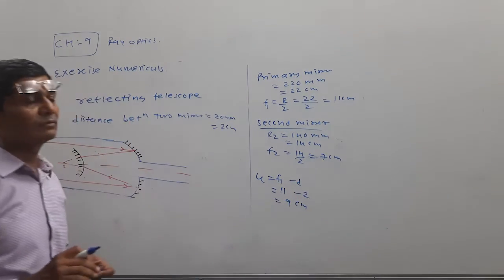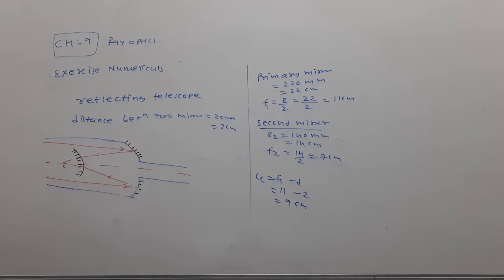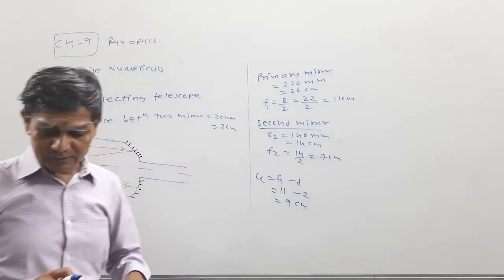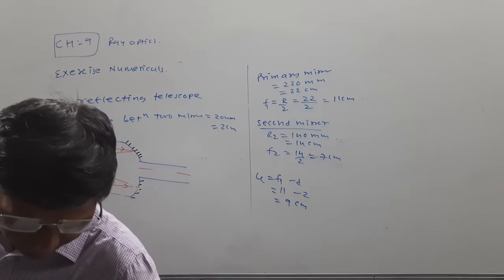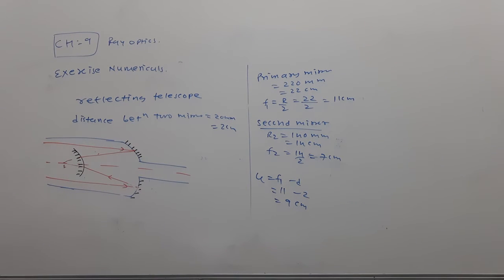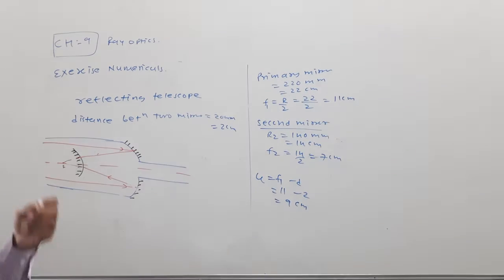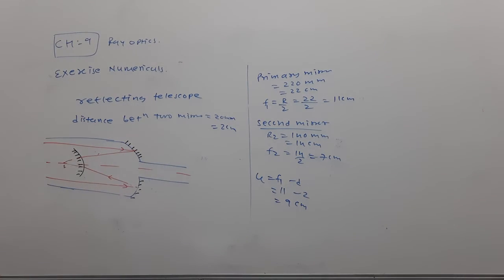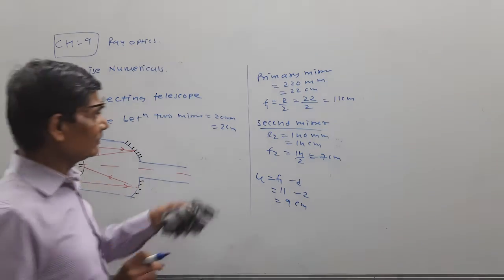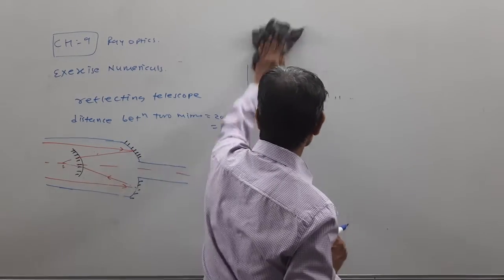Okay, F1 is our primary mirror. For this object distance the image will be formed. Now we have the focal length given, and the object distance we have also obtained. So we have to find out at what distance the image will be formed. Now we use the mirror formula.